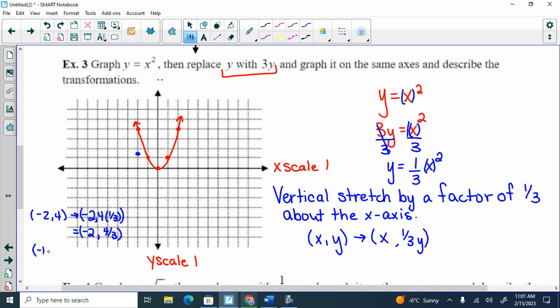Then I can do -1, 1. It is going to become -1, and then 1/3 times 1, which is just -1 and 1/3. So it's 0.33333. This one's invariant.